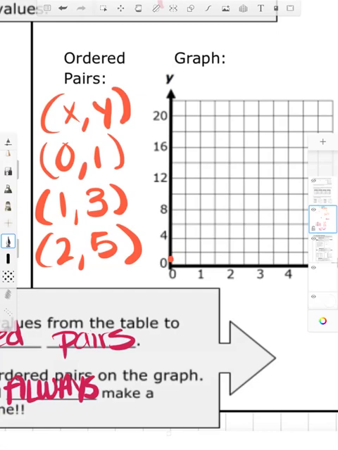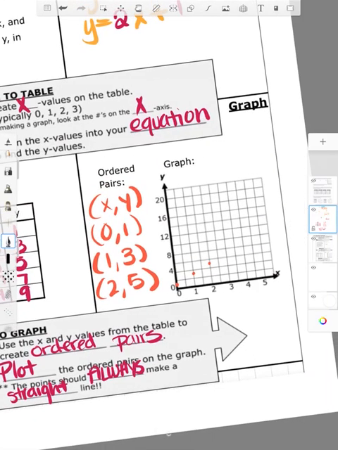Then when x was at 1, y was at 3. So I'm going to come up about halfway here. And then when x was at 2, y was at 5. So that's going to be about right here. And now I can draw a line.